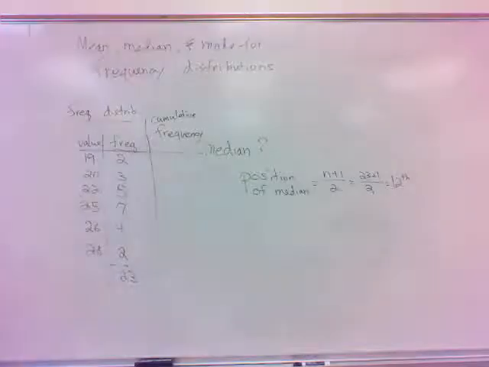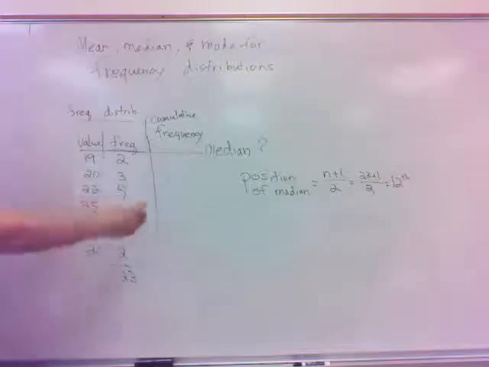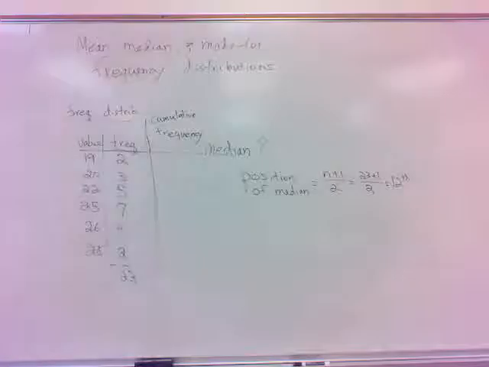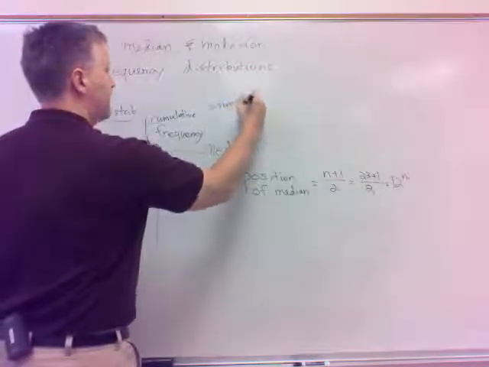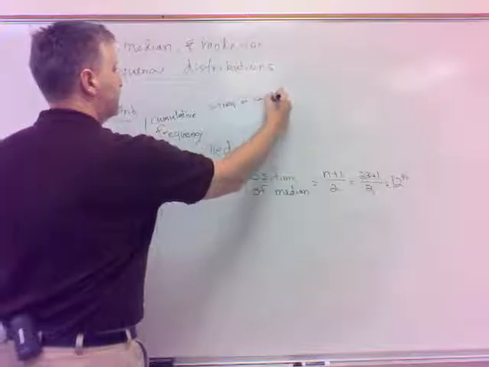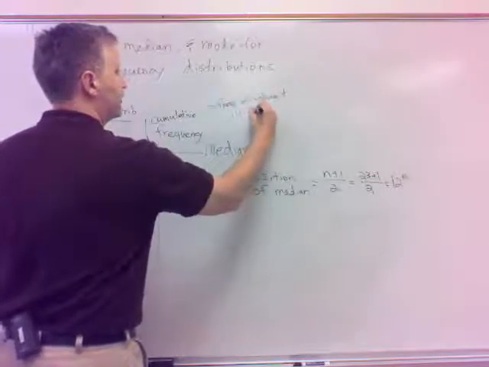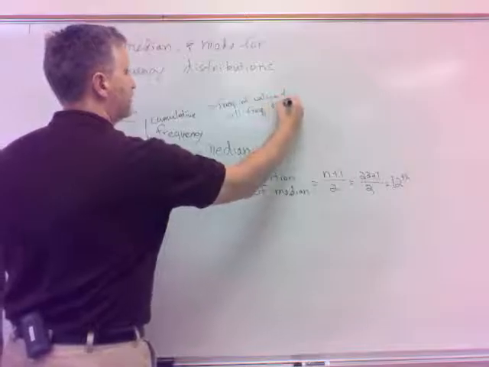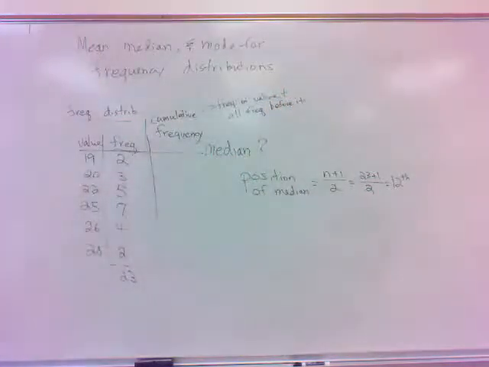That's what that tells me. Okay? Now, here's how I'm going to find out which one is in the 12th. I could write them all out, but here's another way we can do that. It's called the cumulative frequency. And the cumulative frequency, all that means is the frequency of a value plus all the frequencies of the values that come before it.